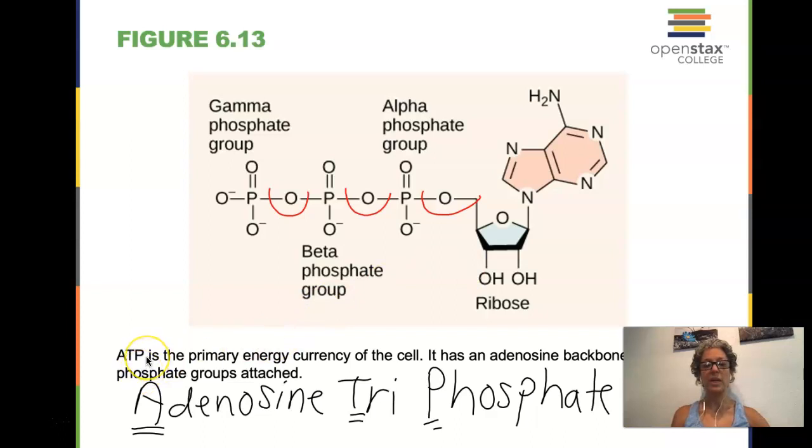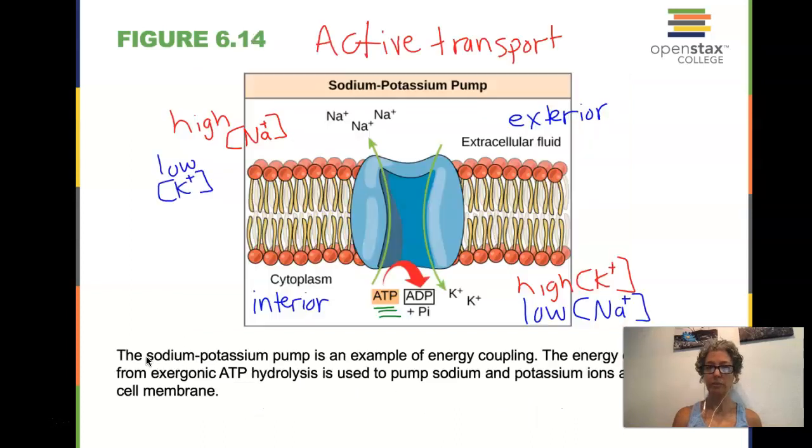So ATP is our energy currency, our primary form of chemical potential energy that we can use to do work in our cells. We saw the sodium-potassium pump in the chapter on our membranes, and we saw the ATP there.